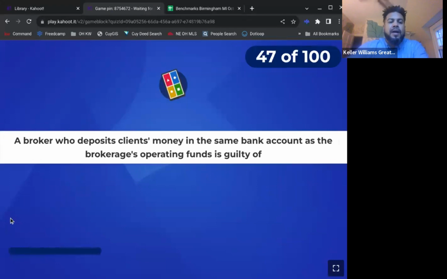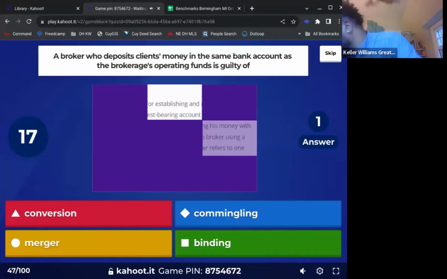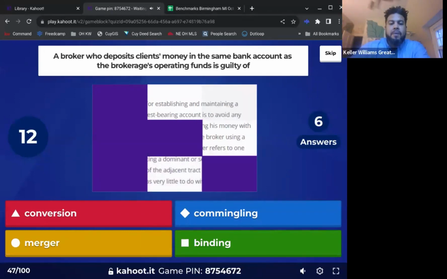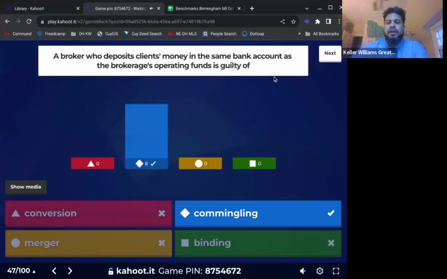A broker who deposits clients' money in the same bank account as the brokerage's operating funds is guilty of commingling. Commingling. Good job, everybody.